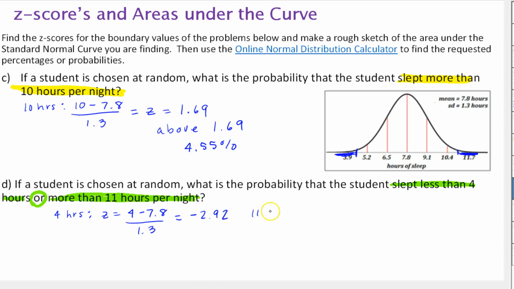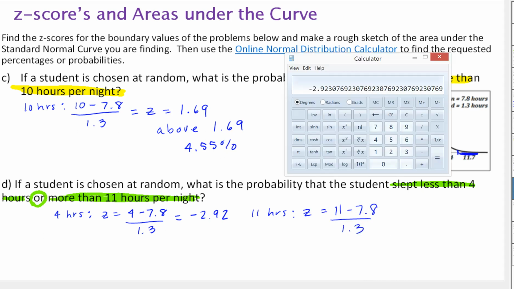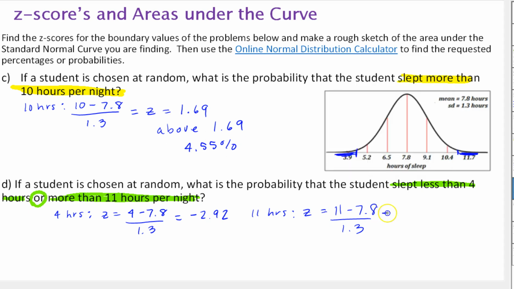Now for 11 hours, our z-score is 11 minus 7.8 over 1.3. So the difference from the mean is 3.2. And how many standard deviations is that? 2.46. And that one's positive.